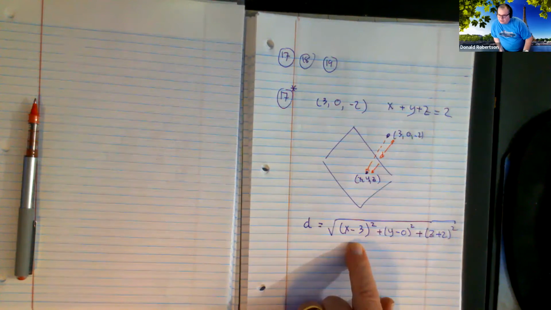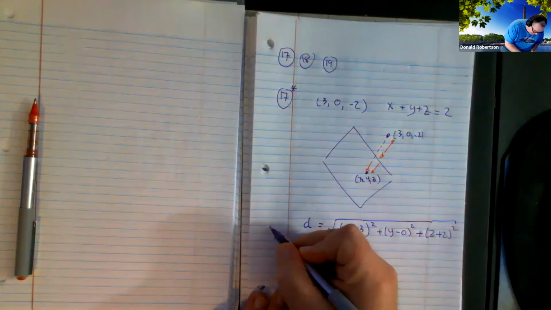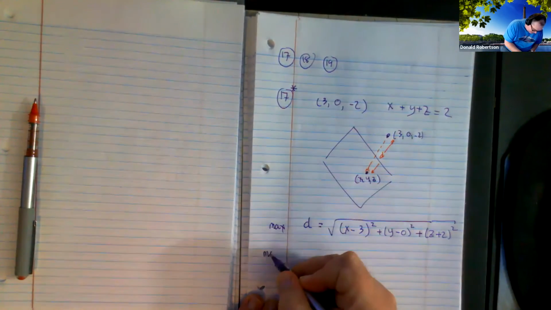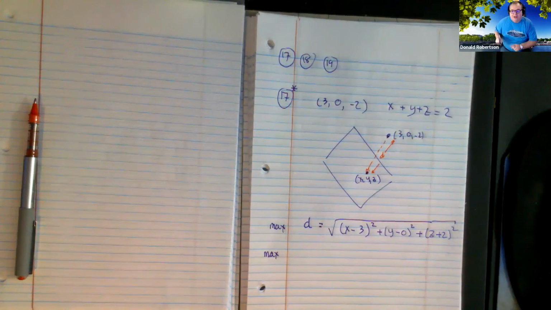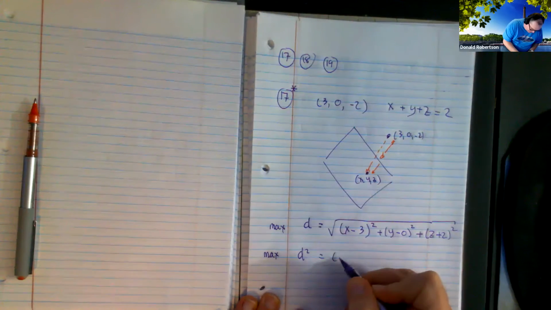Great. So I'm going to do a little cheat, but it's a helpful cheat. Would you agree that the maximum value of this is the same place, not the same answer, but the same place as the maximum value of this guy?